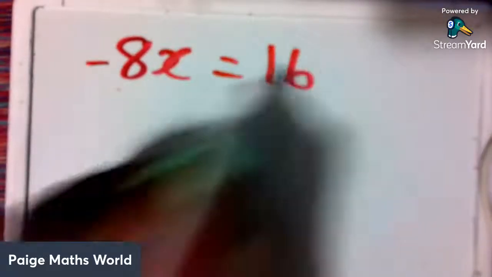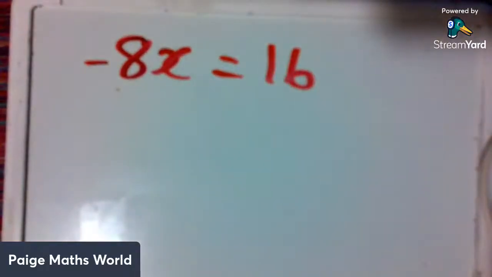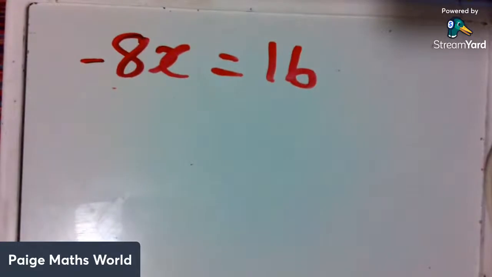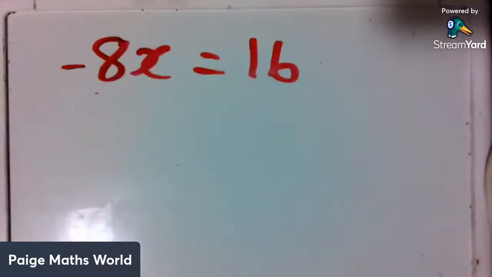Do a next one? All right, let us see if you guys did get this though. Negative 8x is equal to 16. What's your answer? I need you to be typing this one fast so I can know if you got it. We need x by itself.